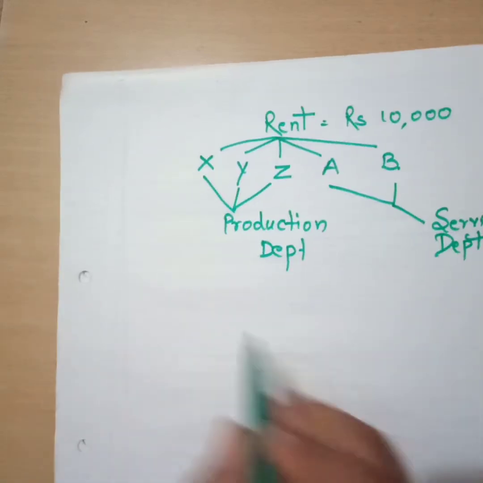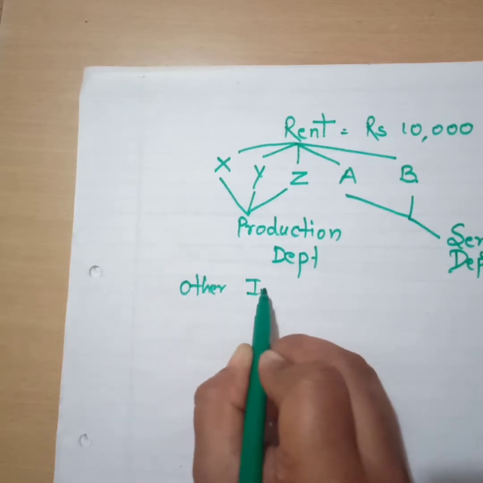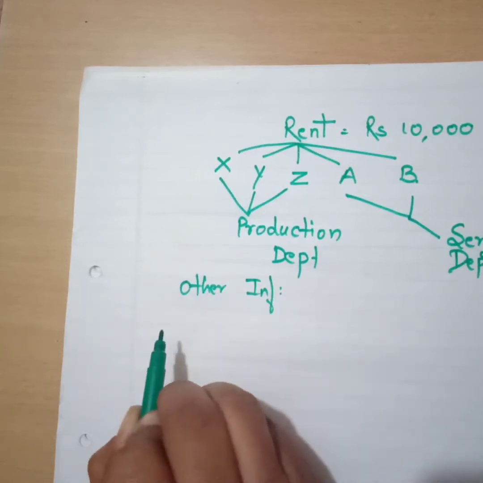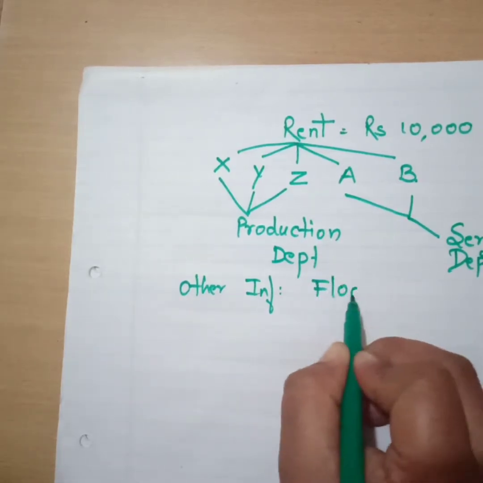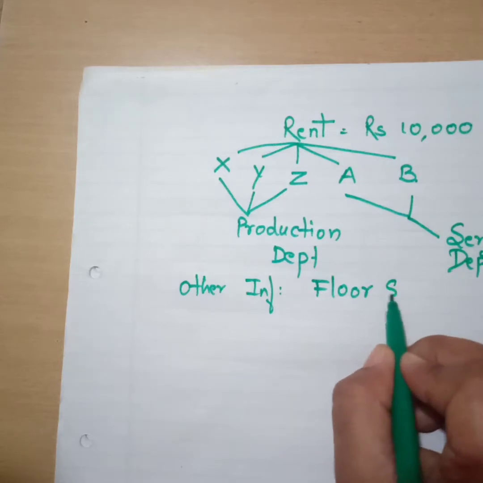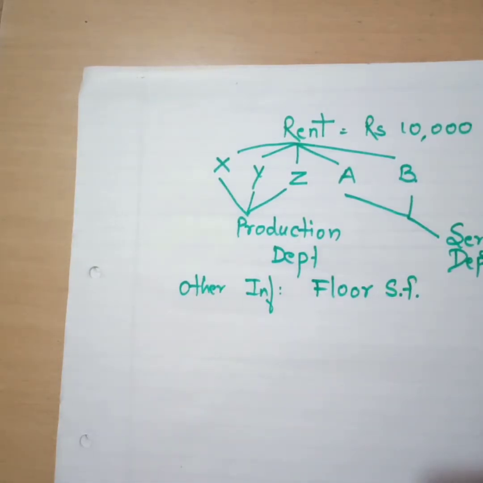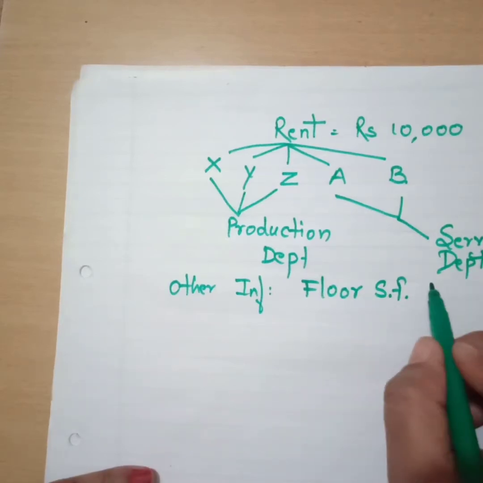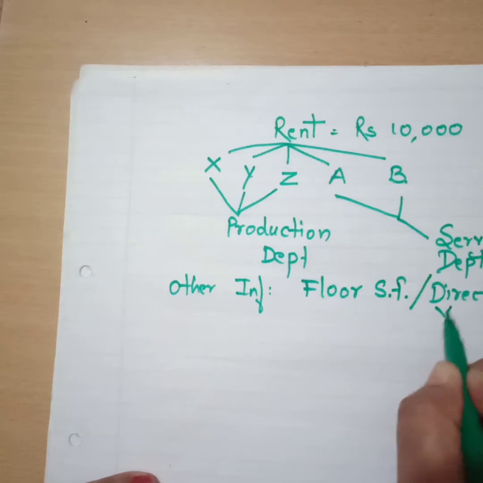Now, in this given example, other information is given. First is floor area, given in square feet, and another one is direct wages.